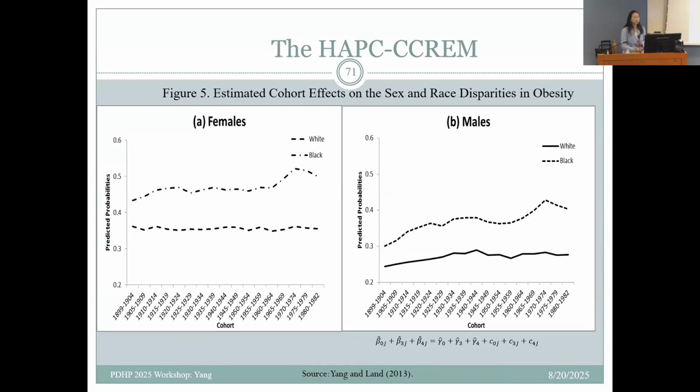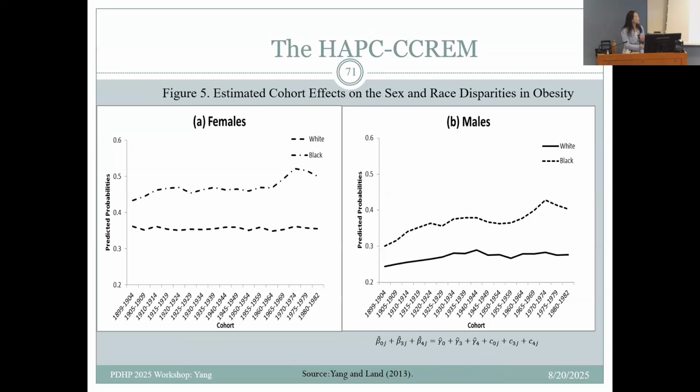So quickly, if I just put them on the graph, this goes back to the last question, Paul, that you read out. This is the plot of cohort trends of obesity that I did not show earlier, because earlier the overall cohort effect did not turn out to be significant.